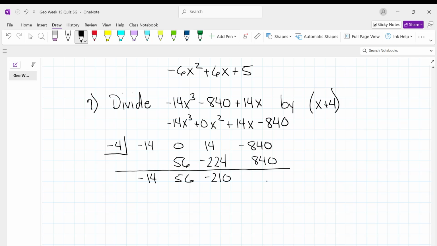We get a 0 remainder. So we get quotient of negative 14x squared plus 56x minus 210.